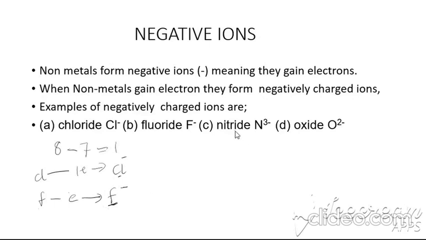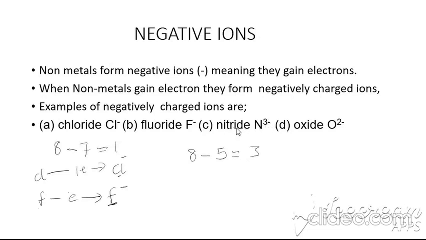And then when we come to this one, where is this 3 coming from? Note that nitrogen is in group 5 of the periodic table. So how do I know the number of electrons nitrogen should gain for it to become stable? I need to subtract this 5 from 8, which is going to give me 3. So this is the 3 you are seeing here. So nitrogen should gain 3 electrons for it to become stable.